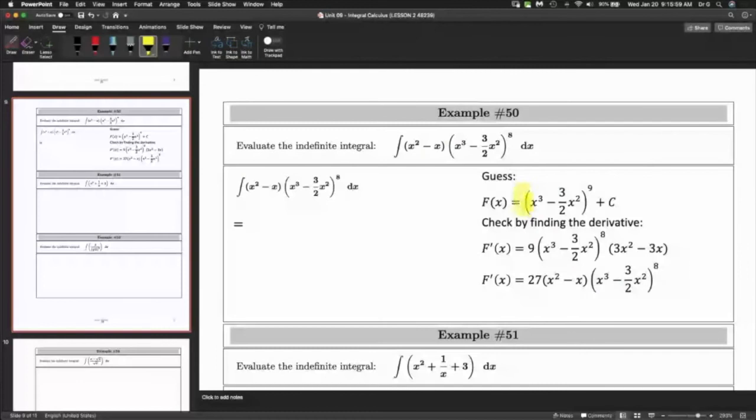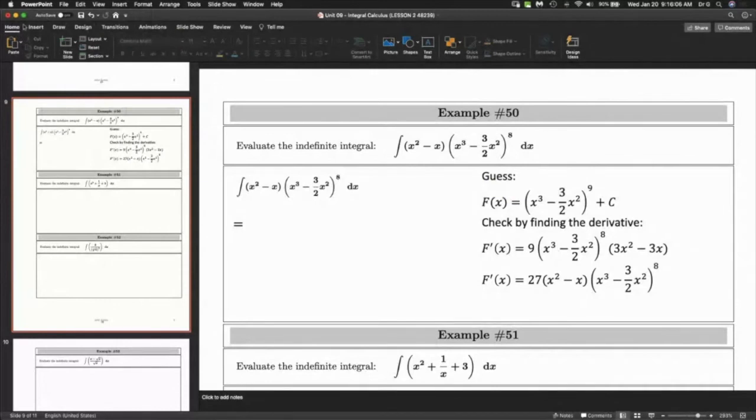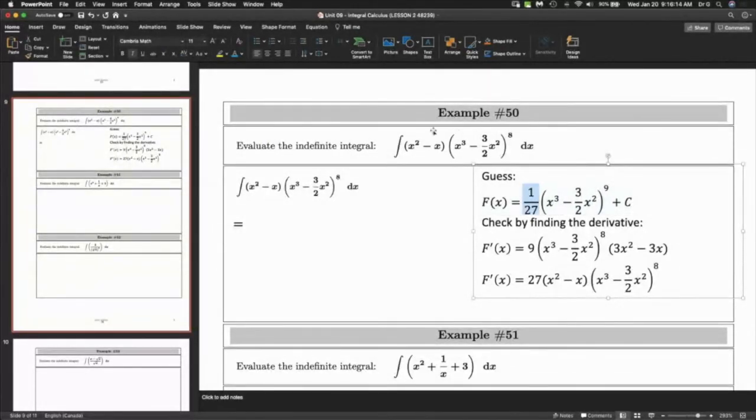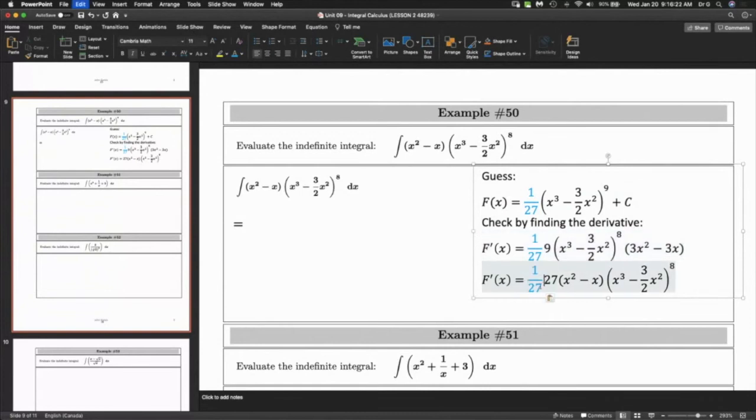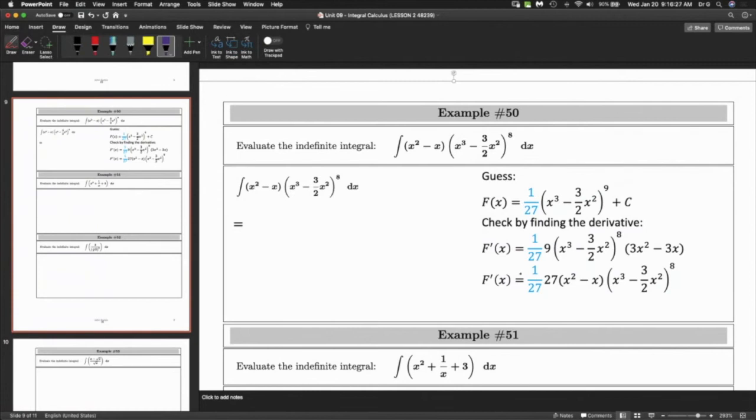Yes, I need to put something there preemptively so that I can get rid of that fraction. That's 27, sorry. So I'm going to put 1 over 27 here preemptively to deal with it. And that 1 over 27 is going to filter all the way down this page. Because of that, the 1 over 27 is going to neutralize this 27, giving us exactly what we want, which is this, the antiderivative. And that's the answer to the question.